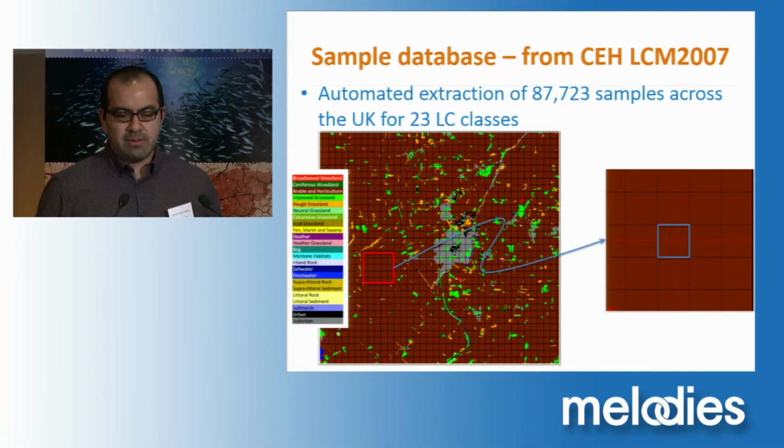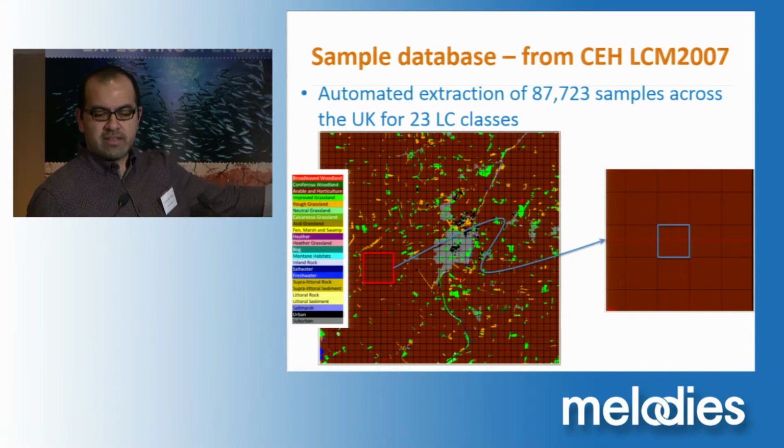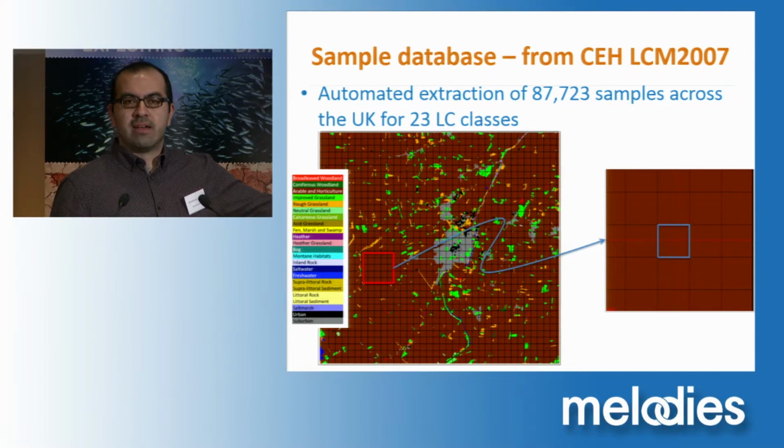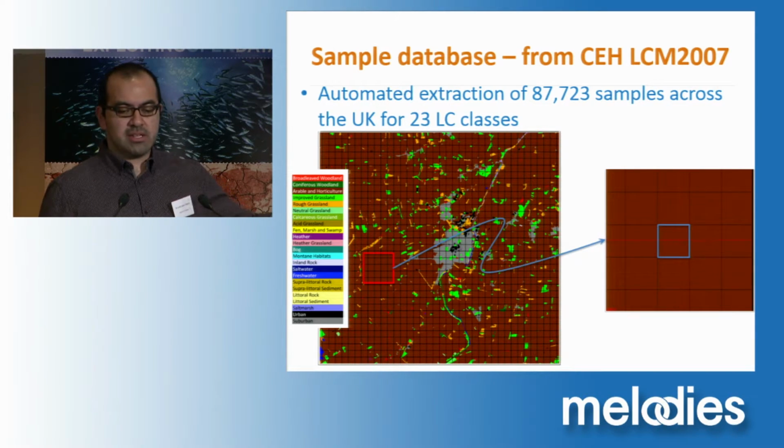Then a sample database just to train our algorithm. What you see underneath is the land cover map from the Center for Ecology and Hydrology in the United Kingdom. That's a very nice product because every pixel is 25 meters, so we have a very good representation of all land cover classes in the UK.